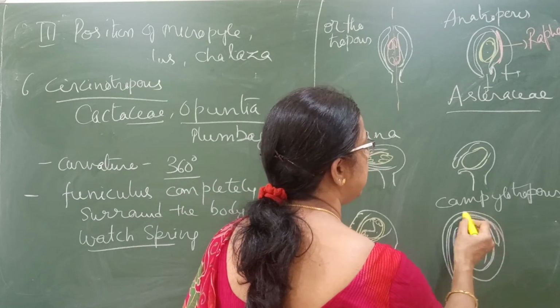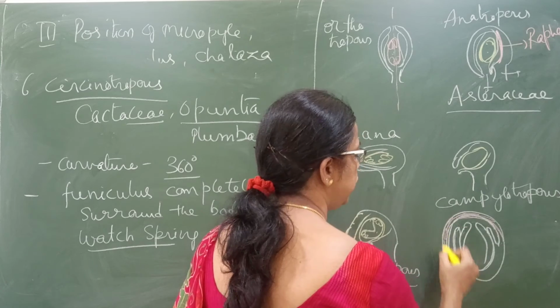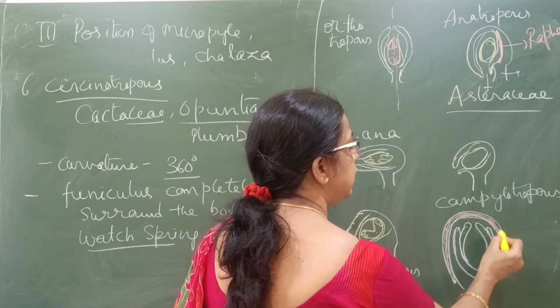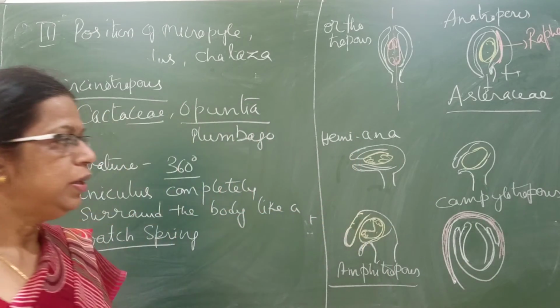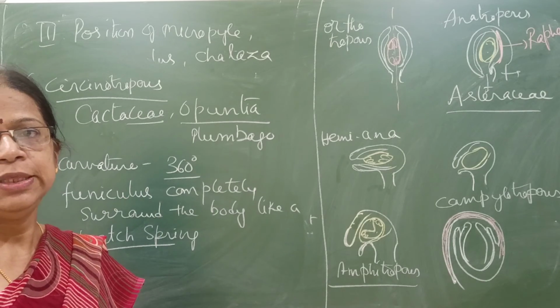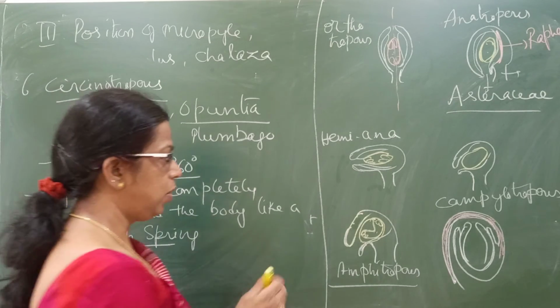This is the funicle. Like a watch spring, it completely surrounds the body of the ovule. That is called a sarcinotropous ovule.